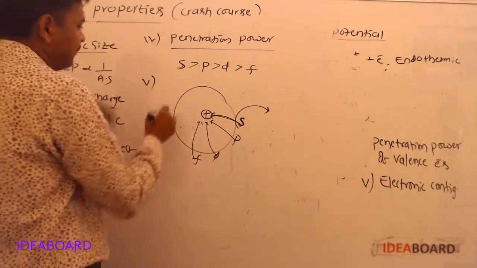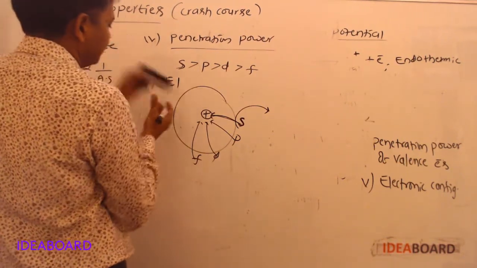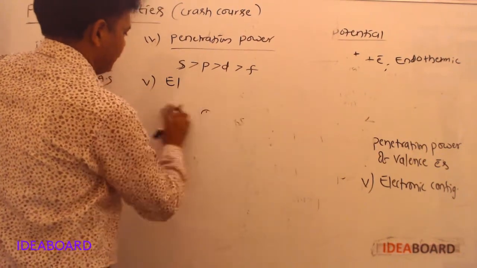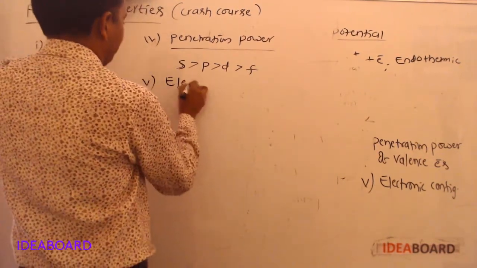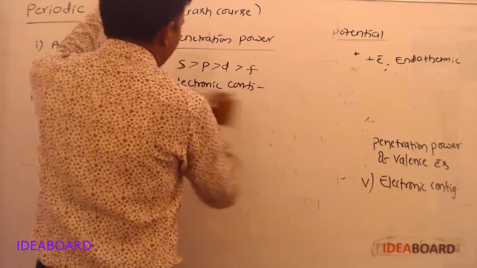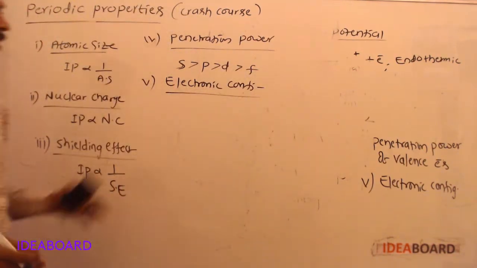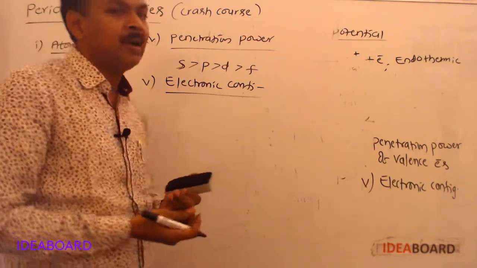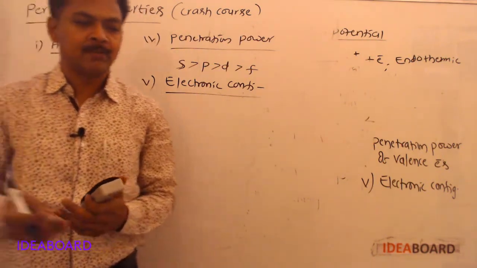Next, the last factor is electronic configuration. The elements having half-filled and completely filled orbitals are more stable.